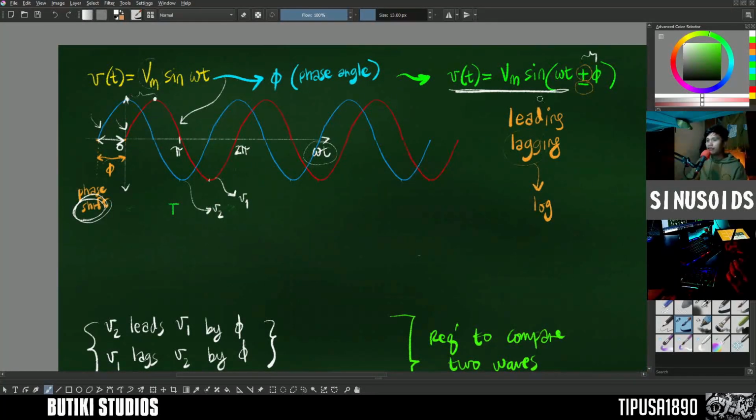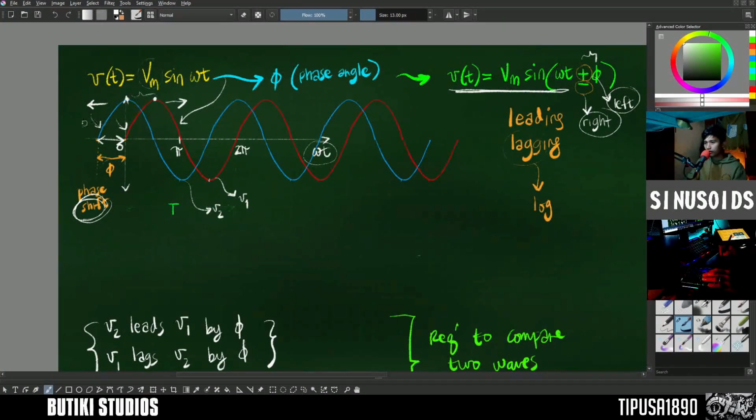If you shift the red wave to the left, that is when we use plus. But if you shift the red wave to the right, that is when we use minus.